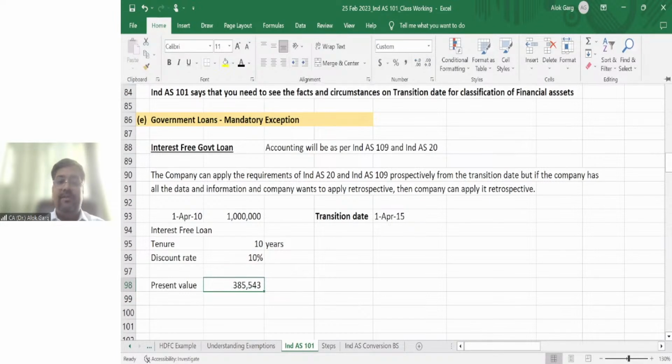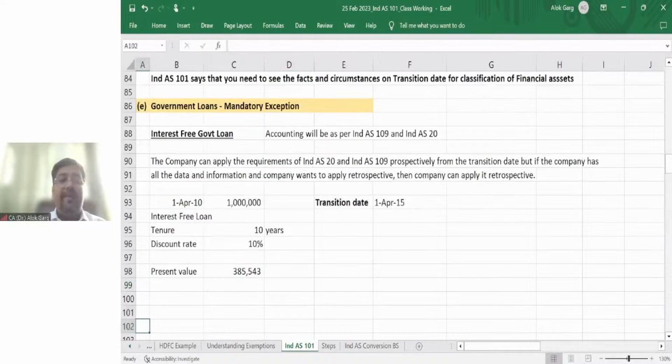385,543.29, right? Present value. On 1st April 2010, I have to apply the requirement of this Ind AS 109 retrospectively. So on 1st April 2010, I would have done the accounting of what? Bank account debit by how much? 10 lakh rupees, because we have received 10 lakh rupees.